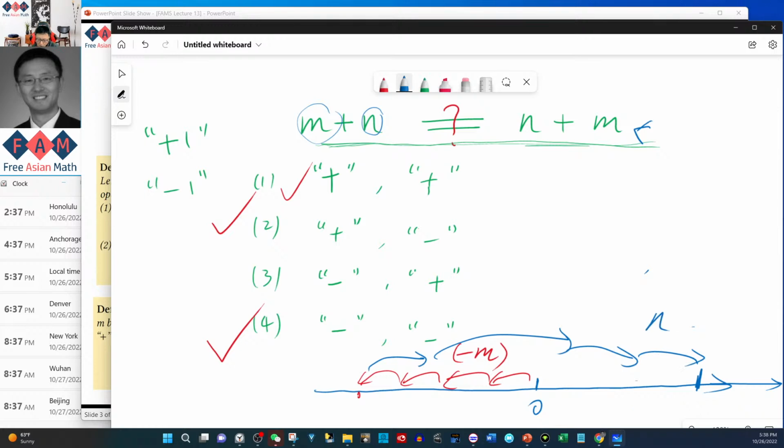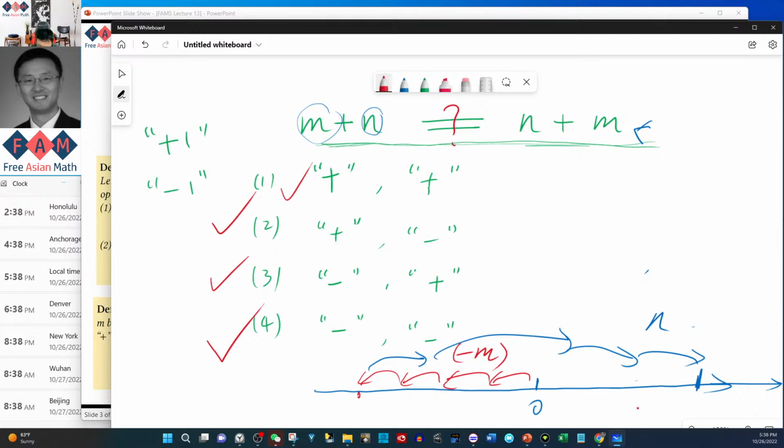This is n. Once again, just like in the second case, it doesn't matter whether you do all the leftward movement first or all the rightward movement first. As long as you need to do both, your destination should not change. Okay? So that is the intuition behind this. So this last step is the same thing.